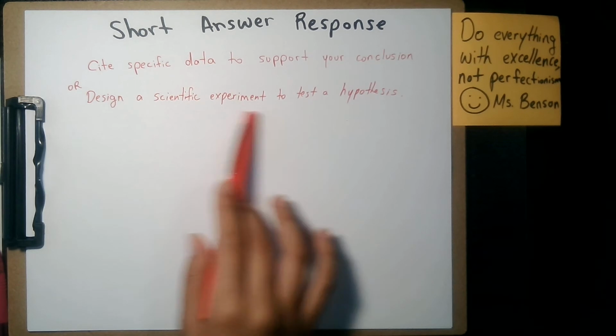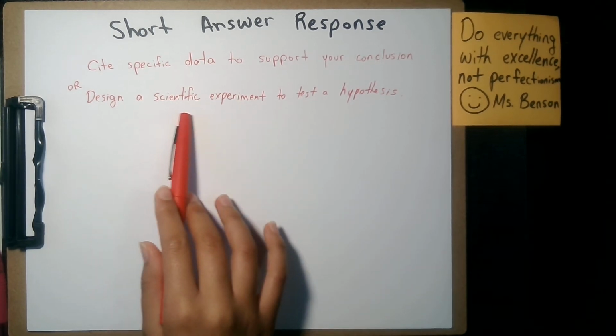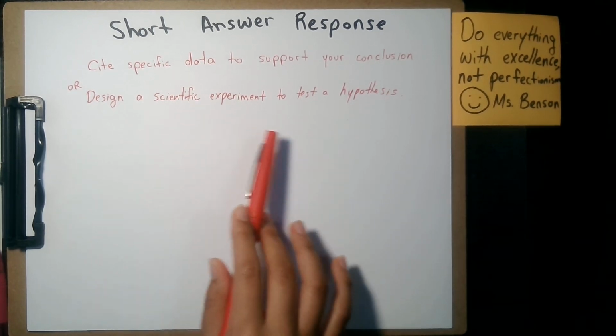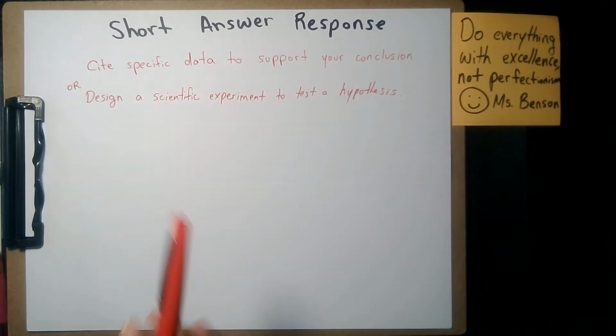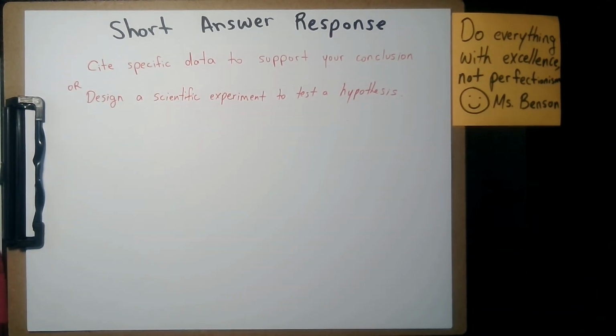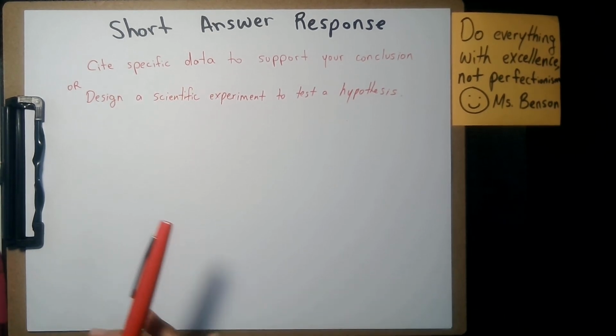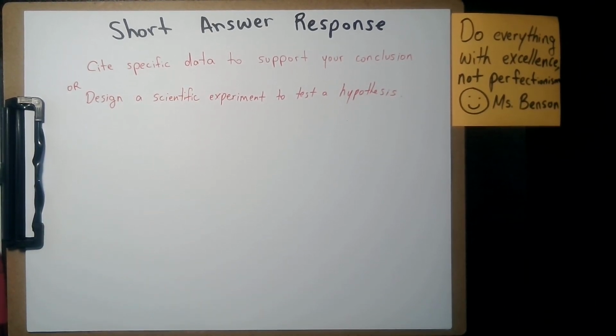And then here, when you're designing the scientific experiment to test a hypothesis, you need to explain the hypothesis, like what do you think is going to happen? You also need to have a very logical method on how you're going to collect the data.